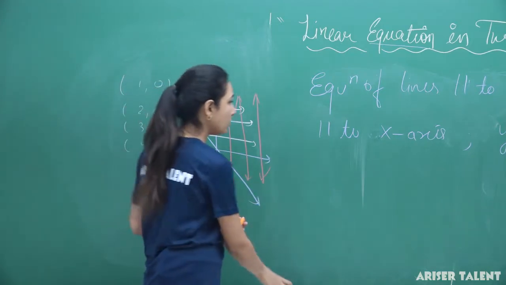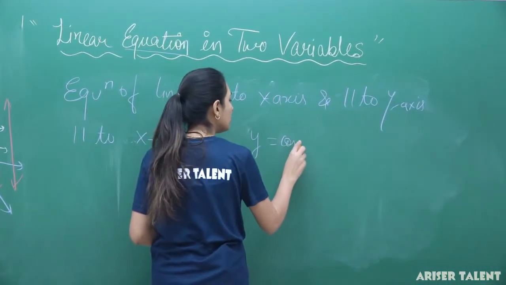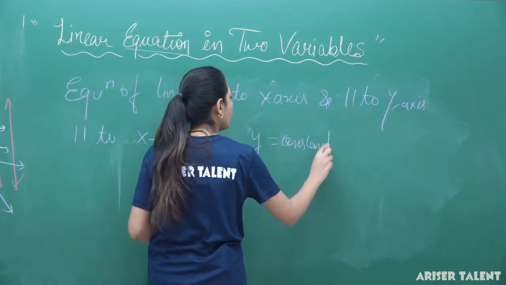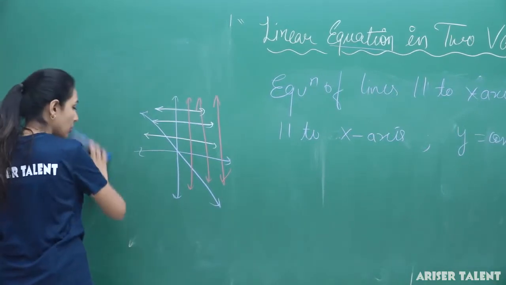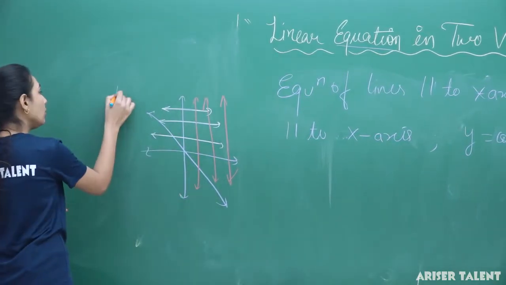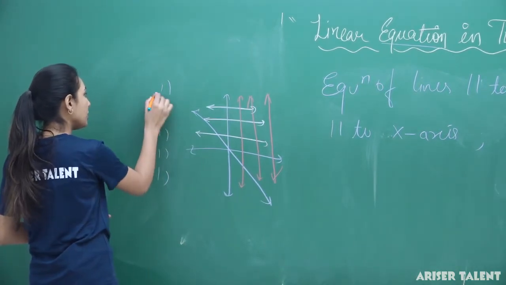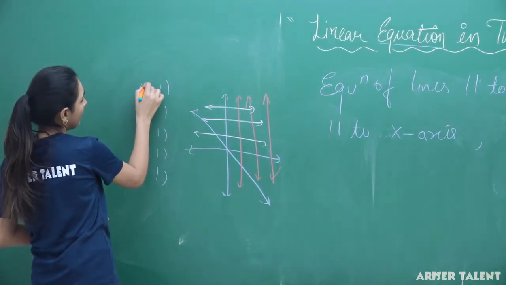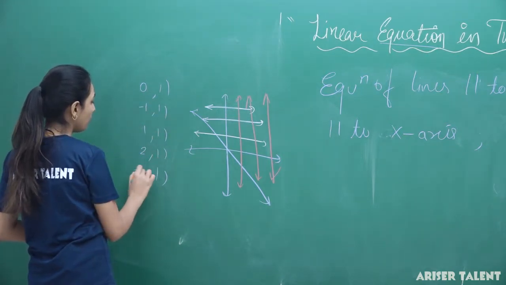Let the constant be 1. So the value of ordinate will be 1 always, but the value of abscissa will change. That can be 0, -1, 1, 2, -2.